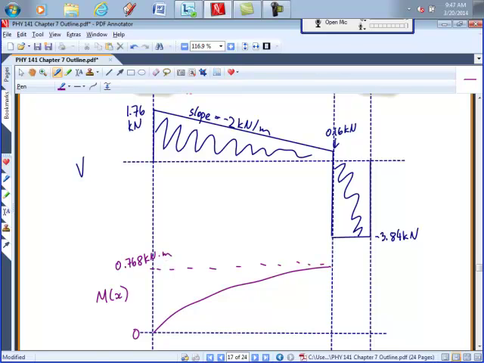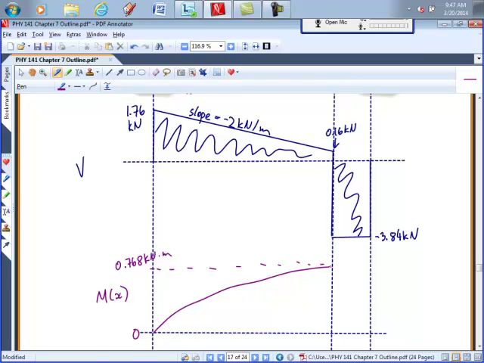All right, what happens here to the moment diagram? Right. It's continuous here because there is no couple moment applied.